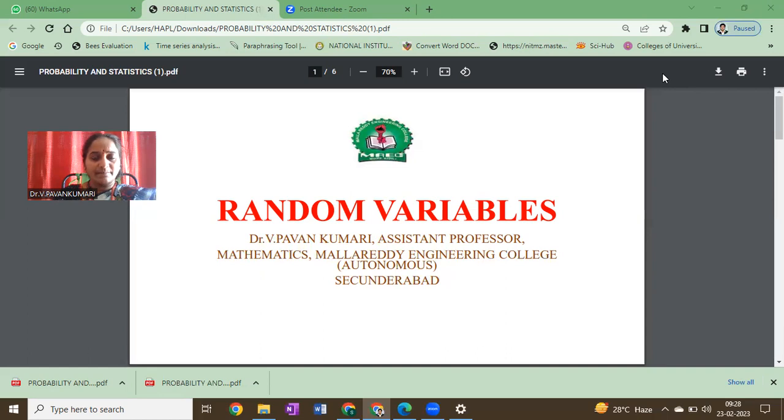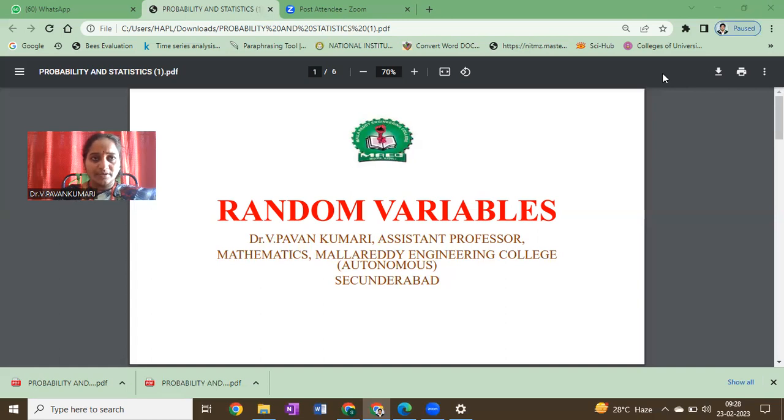Here n is the number of trials, and n and p are the two parameters. Here p plus q is equal to 1, therefore q is equal to 1 minus p. The binomial mean mu is equal to np, variance sigma square is equal to npq, and standard deviation sigma is equal to square root of npq.